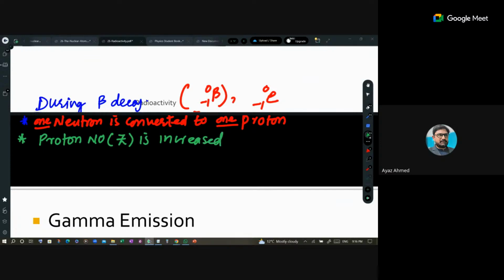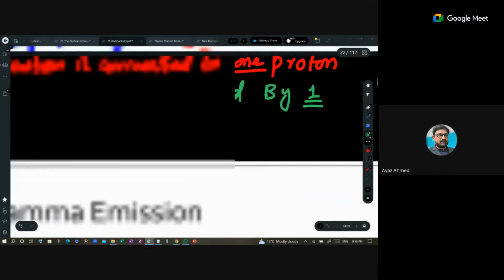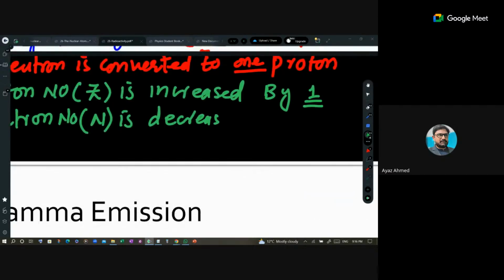Please remember this, increased by 1. Your neutron number, which is your N, is decreased by 1.